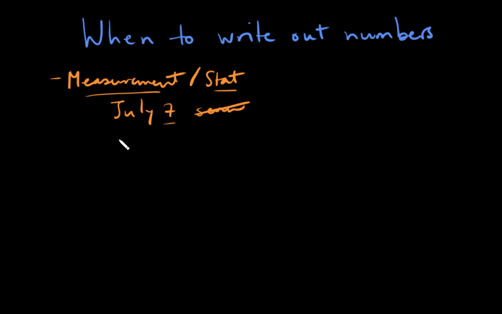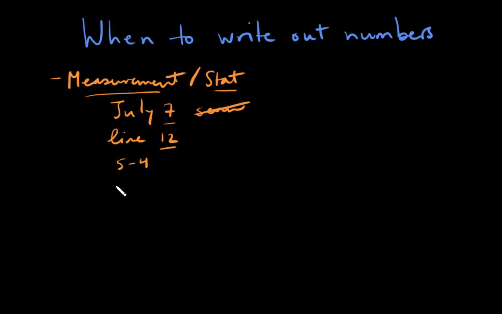Same thing with literary references. Whether you're talking about a chapter or some line numbers, so line 12, again, quite easy to write out under our first rule, but we can break it with our second rule and leave it in numeric form. Here are a few other examples of specific measurements and stats that can be in numeric form. Scores, let's say the score is 5 to 4.